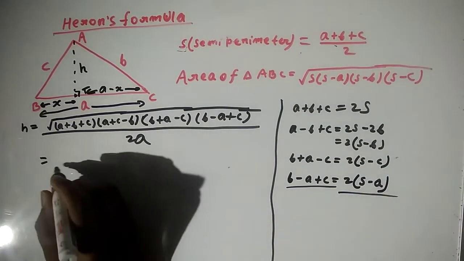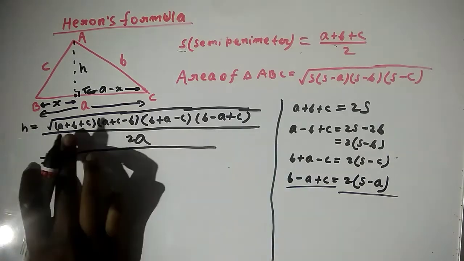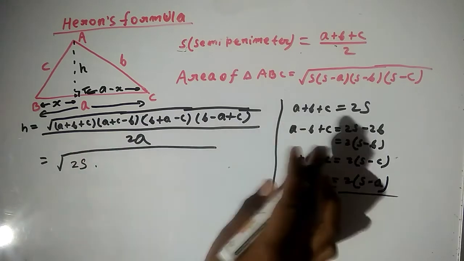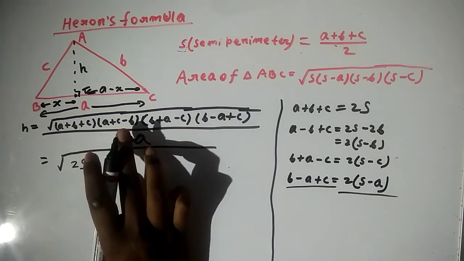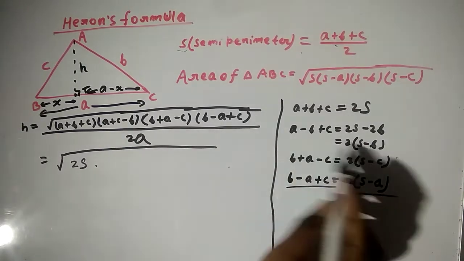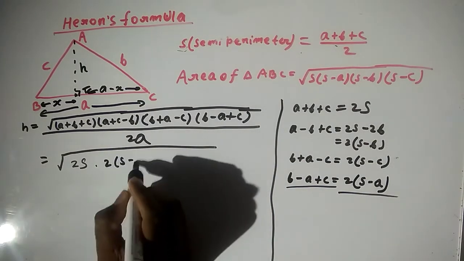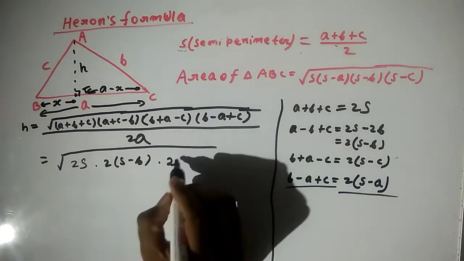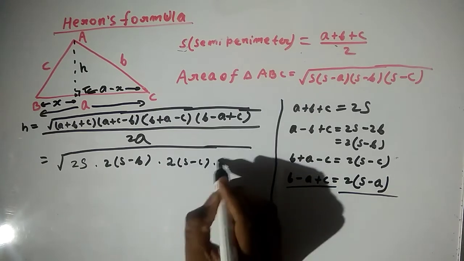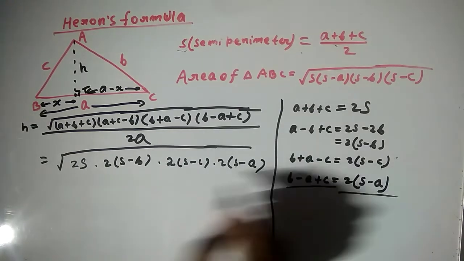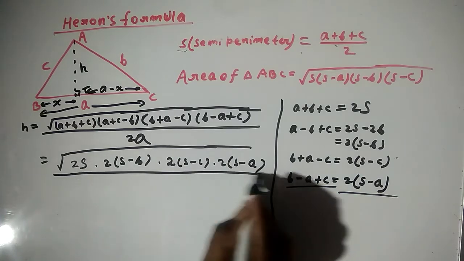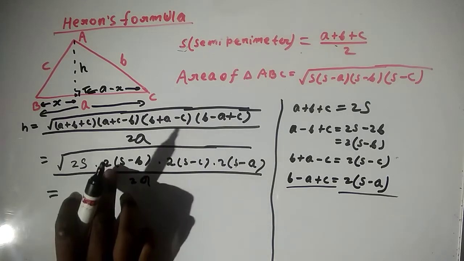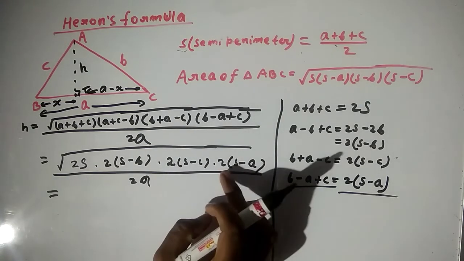So this will be the square root of a plus b plus c is 2s times, a plus c minus b is 2 times s minus b, times b plus a minus c is 2 times s minus c, and this is 2 times s minus a, and this is divided by 2a. So see, we have 2 to the 4, to the 8, to the 16.